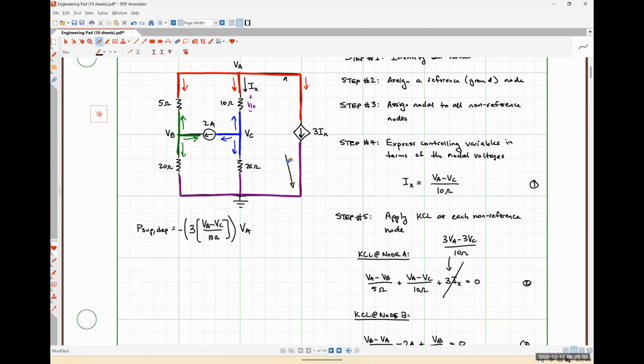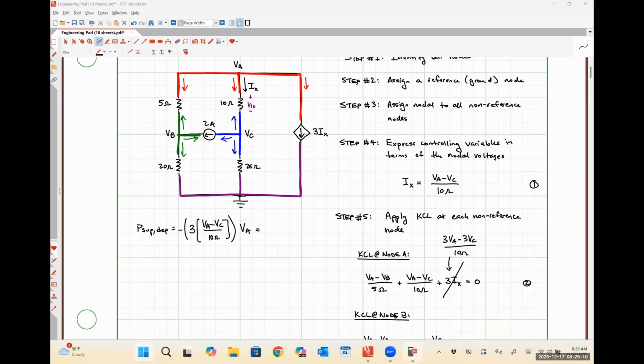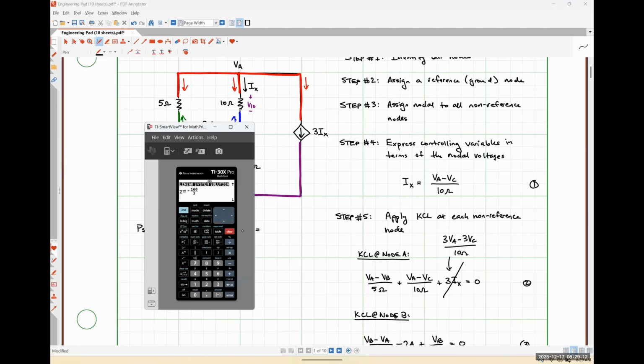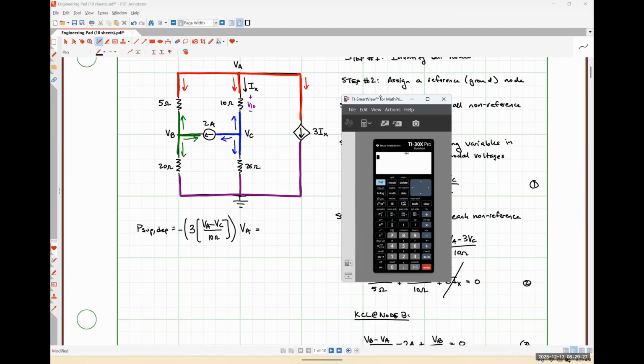So for those of you with the TI calculators, it actually stores all of that stuff for us automatically. So I could get out of my system solver by pressing clear. I thought I could anyway. Quit. So it's going to store whatever we had for our first variable in as X, our second variable as Y, and our third variable as Z. So I could type in negative 3 times, so let's see, VA is our first variable.